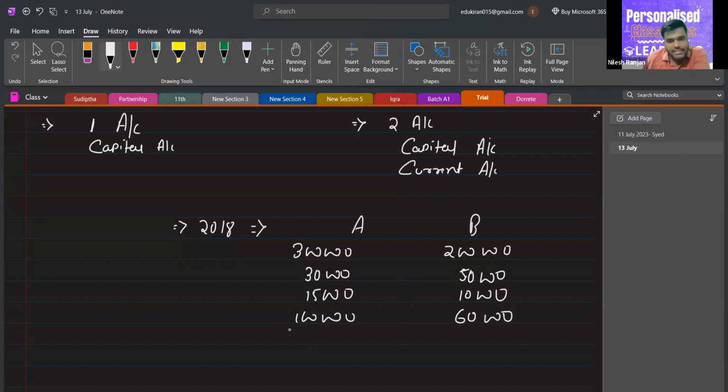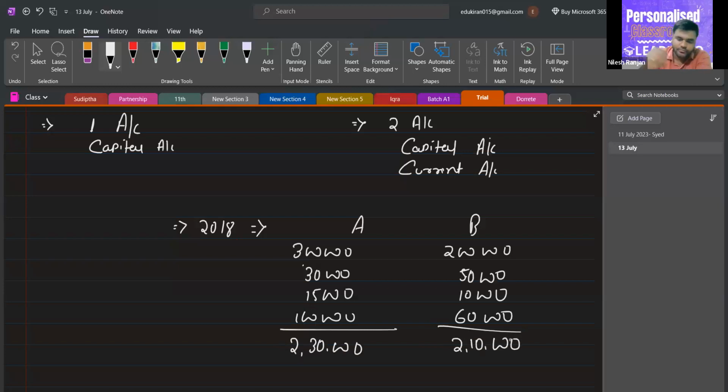Now, after let's say 3 years, the capital balance will change by these amounts. So it will become, let's say, 2 lakh. I'm not adding or deducting these, I'm just assuming 2,30,000. And the value of B capital is 2,10,000.